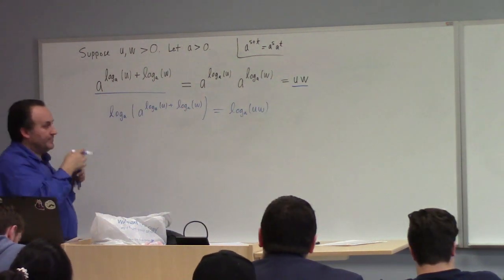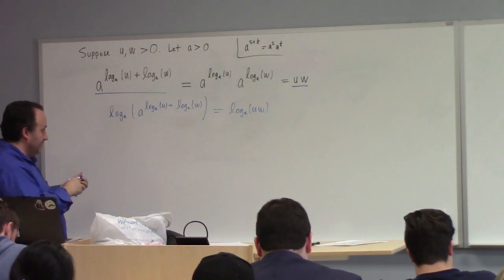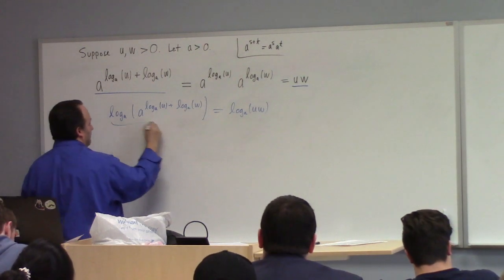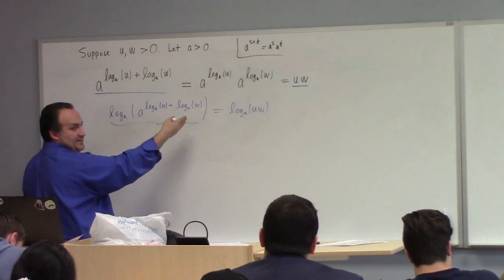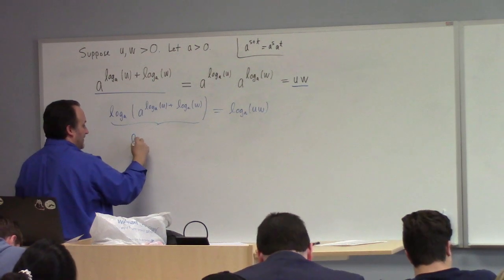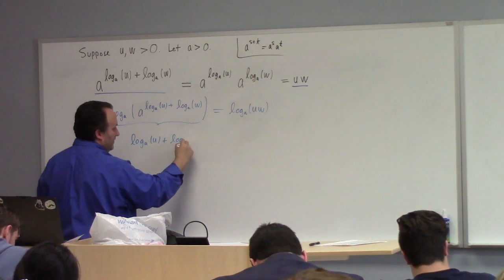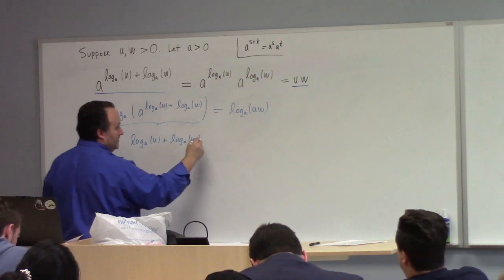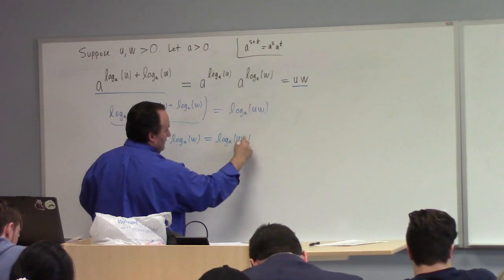All right. But how does the left-hand side simplify? Log base A of that, by definition, inverse function, it is log base A of U plus log base A of W equals log base A of UW.